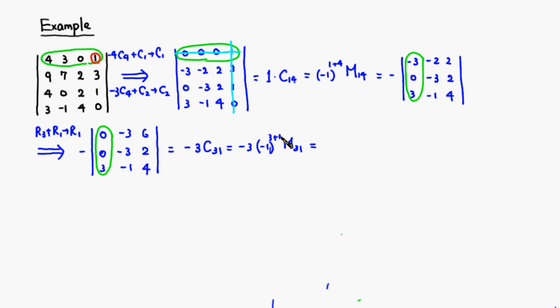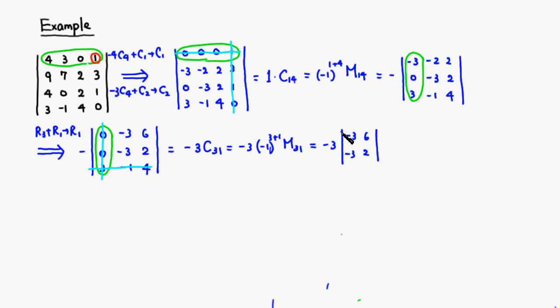Negative 1 to the 4th is 1, so it's 3 times the minor of this entry. We erase the 3rd row and the 1st column, which gives us -3, 6, -3, 2.